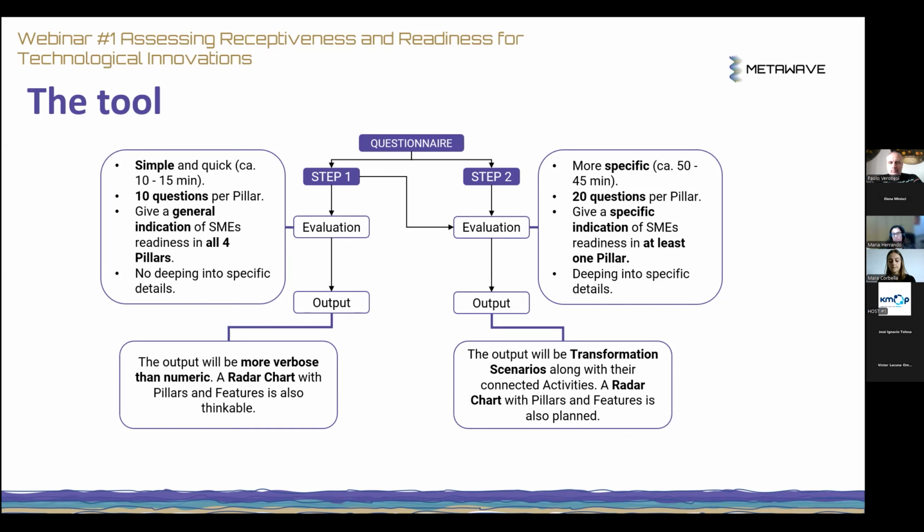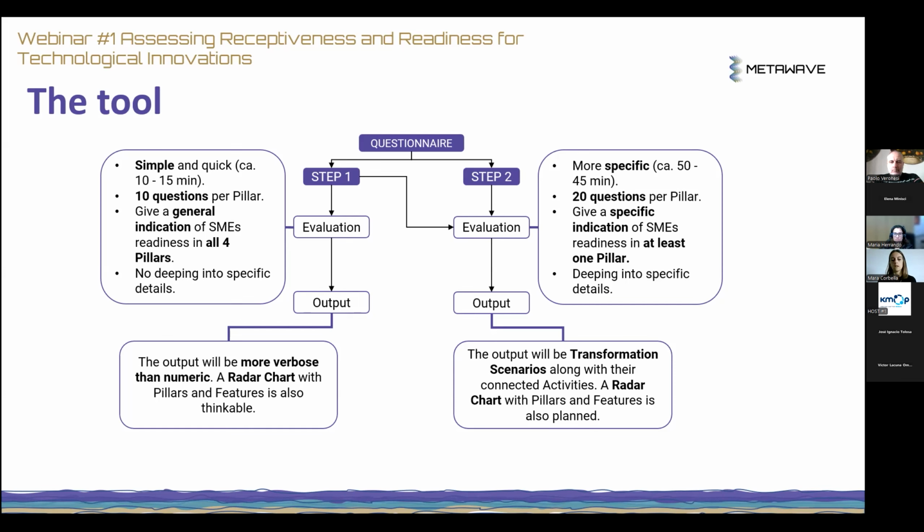But at the end, the company will get a tailored set of instructions and suggestions on how to cover the gaps, we could say, in the pillars they have chosen. Meaning that if in one pillar they are performing really well, they will not get recommendations, or maybe just slight suggestions.